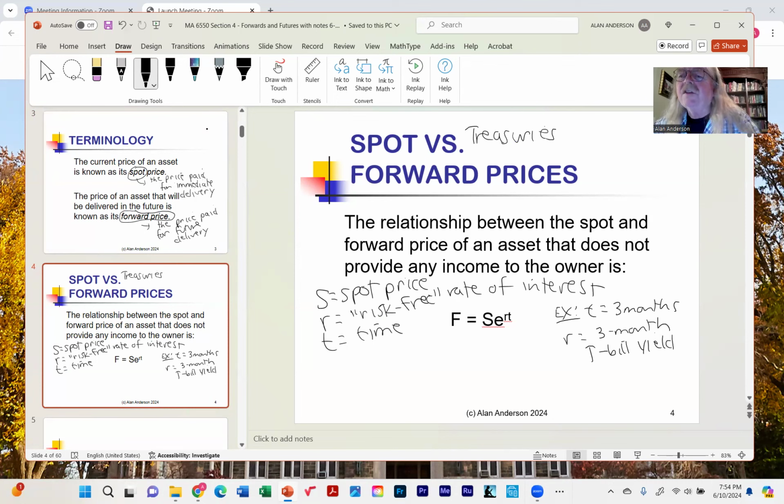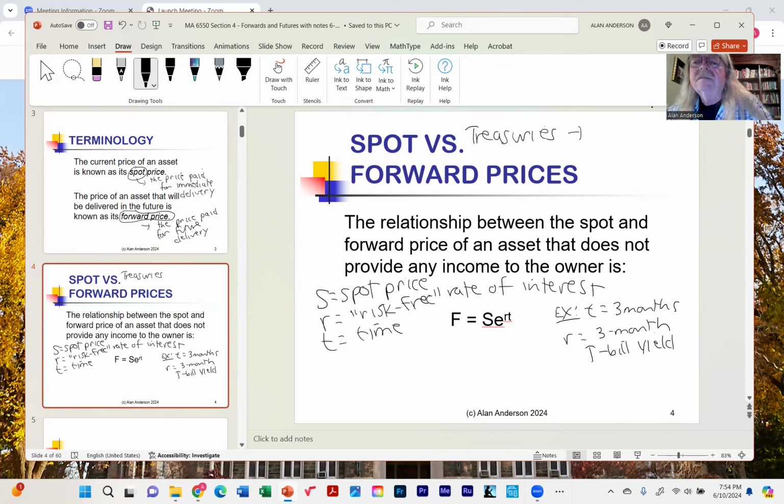Okay, they do face other types of risk, but they're free of credit risk. And so the yields on these securities are referred to as the risk-free rates of interest. So if, for example, the yield on this is 4%, that would be defined as the 3 month risk-free rate.